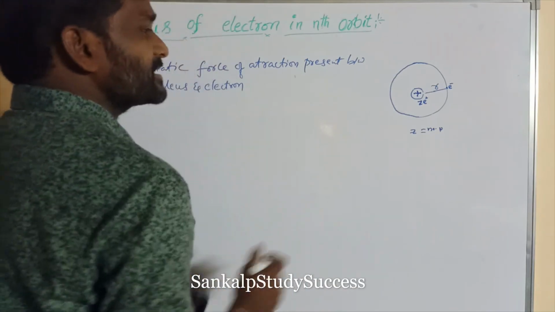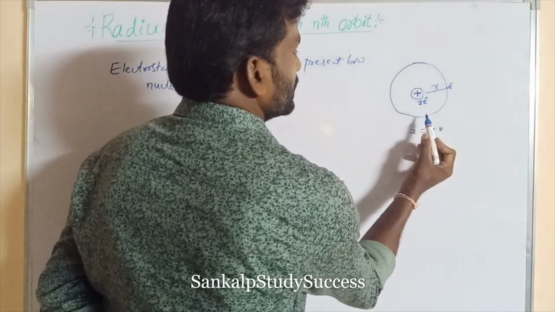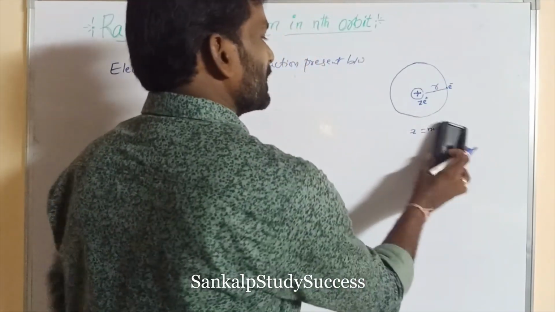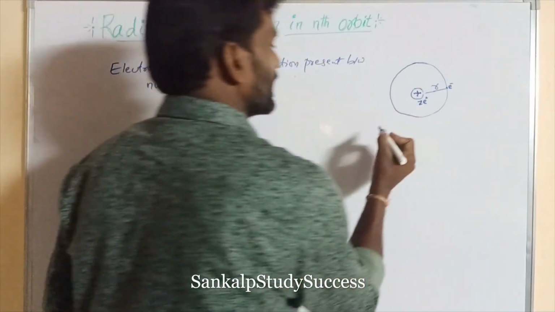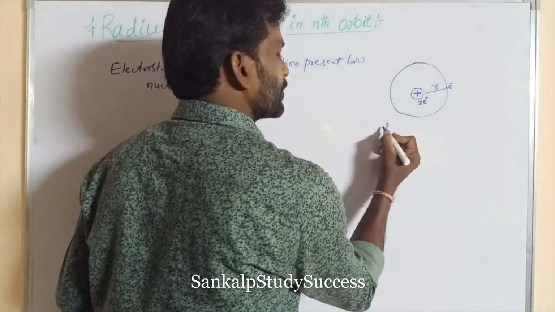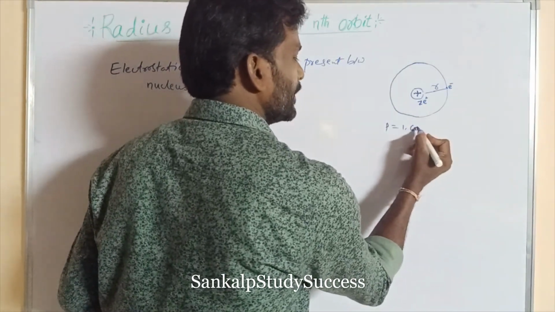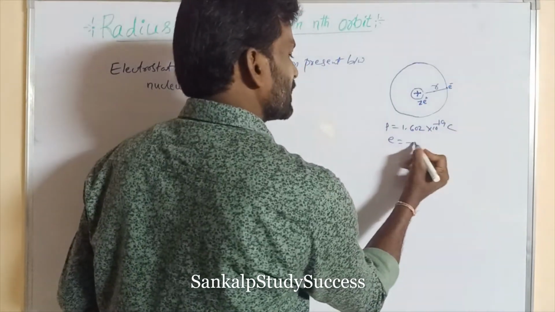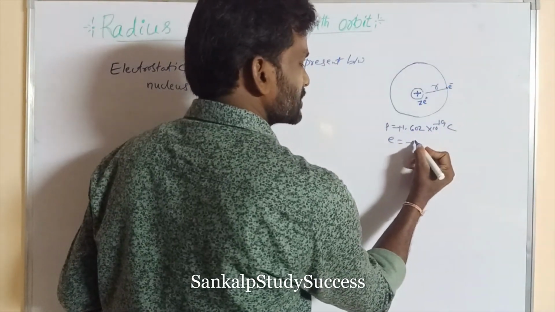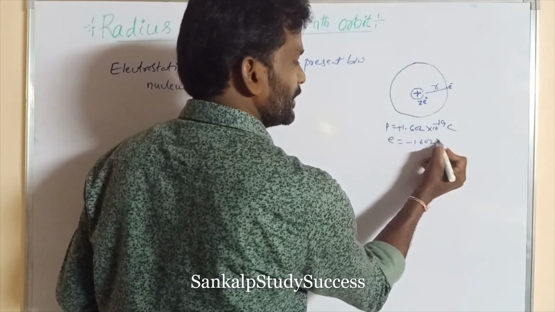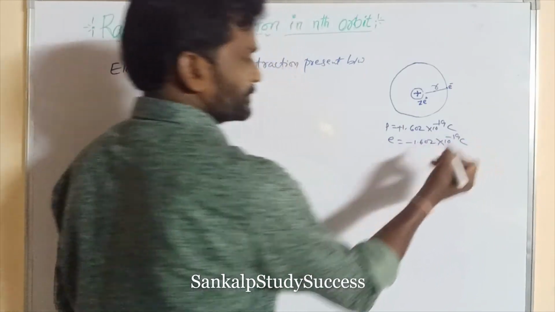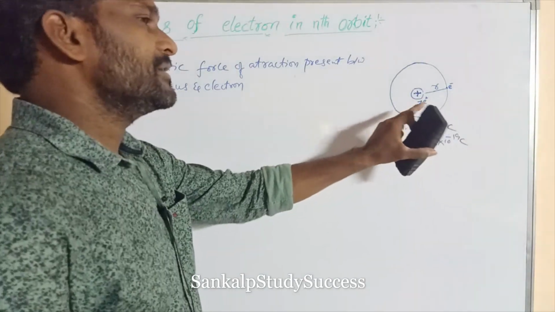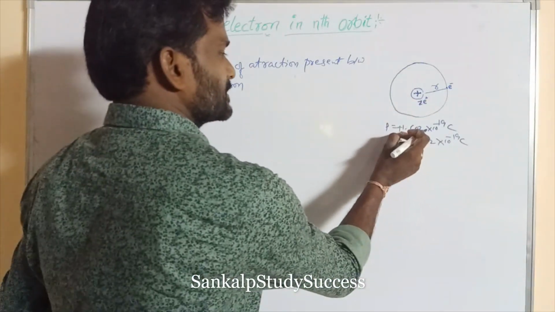So what is the charge of the nucleus? The charge of a proton and the charge of an electron are equal and in opposite direction. Suppose the charge of a proton is 1.602 into 10 to the power of minus 19 coulombs, and similarly the charge of an electron is 1.602 into 10 to the power of minus 19 coulombs. The magnitudes are the same, but the sign is different.